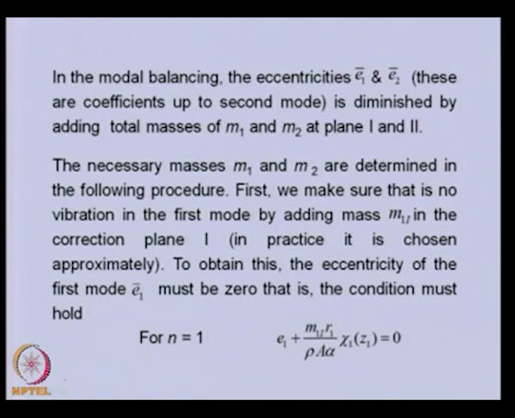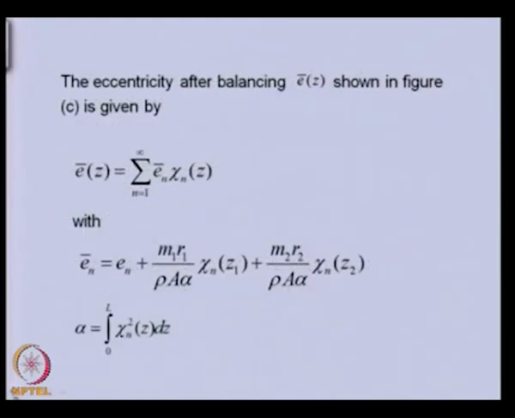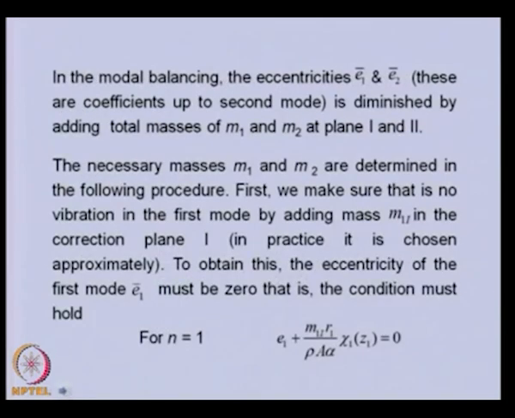Now, in modal balancing, the eccentricities E1 and E2 are coefficients up to the second mode. So basically here we need to balance this up to n equal to 1 and 2. Correspondingly, we need these eccentricities E1 bar and E2 bar to vanish up to the second mode.